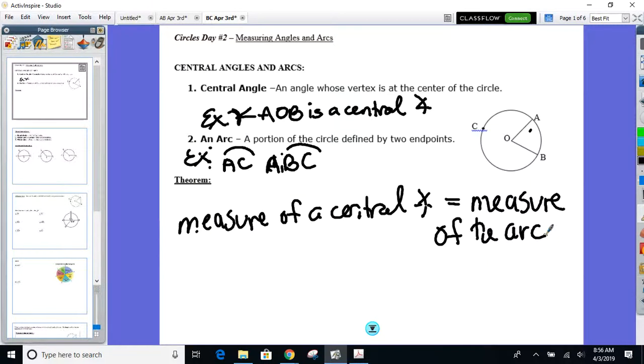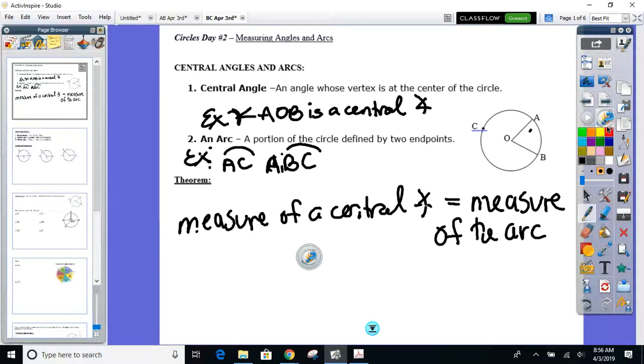Here's what I mean. If this central angle is 74 degrees, arc AB is also 74 degrees. The measure of the central angle and the measure of the arc are always equal.